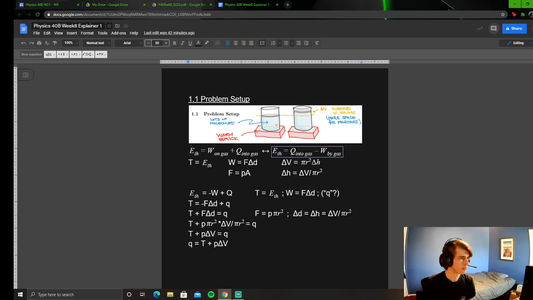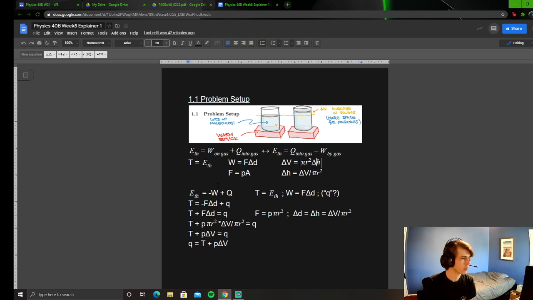Here's work that we'll need, and the volume of the cylinder. Obviously pi r squared is the area, and h is the height of the cylinder. When we have this change in volume, it just corresponds to the change in height because there's not really a change in area.